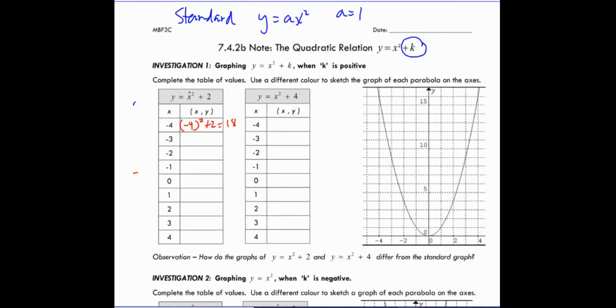-3 squared is 9. 9 plus 2 is 11. This might be faster. -2 squared is 4. 4 plus 2 is 6. -1 squared is 1. Plus 2 is 3. 0 squared is 0 plus 2 equals 2.